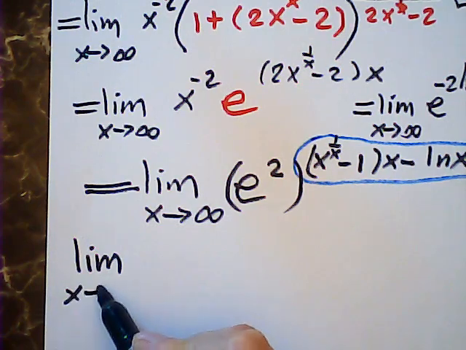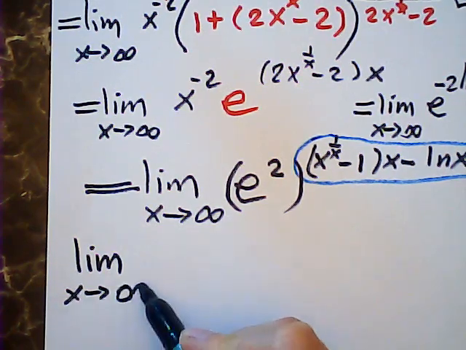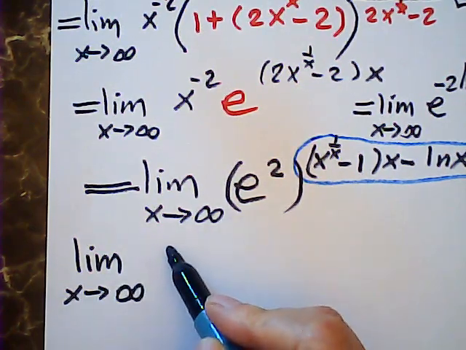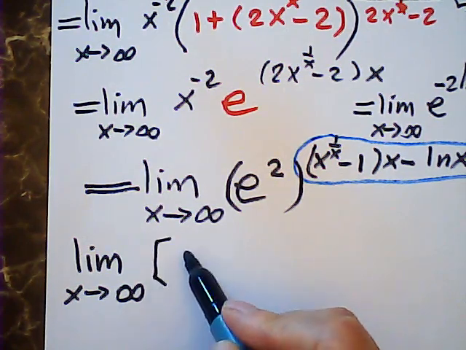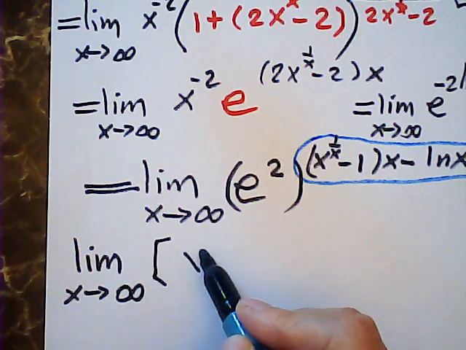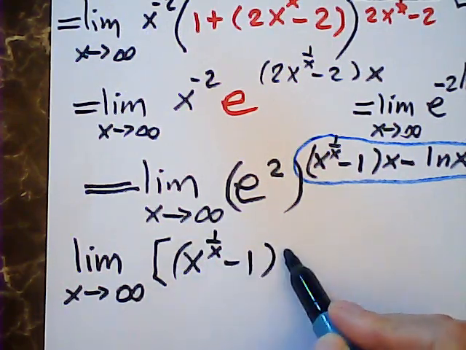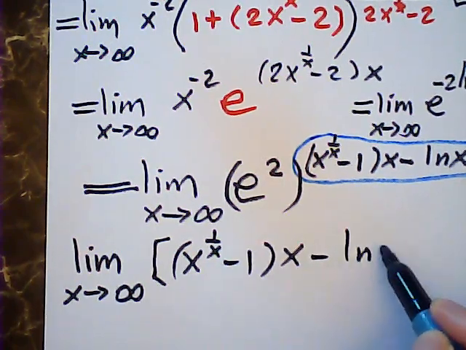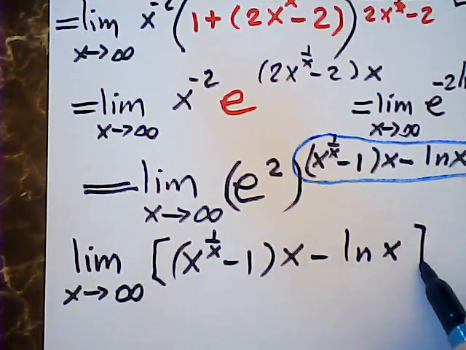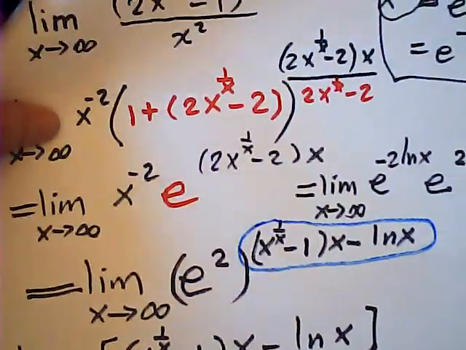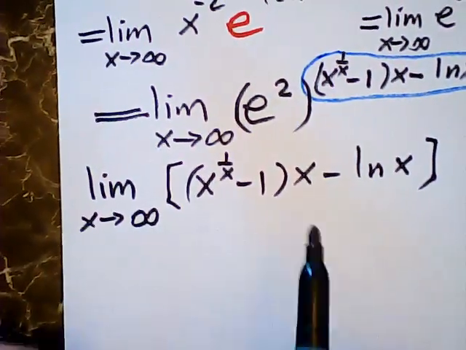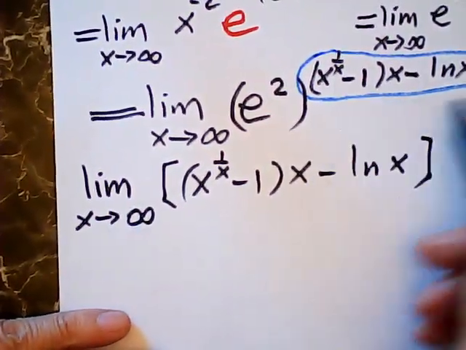Limit as x goes to infinity of x to 1 over x minus 1 to x minus log x. So that is the limit we are looking for. Okay.